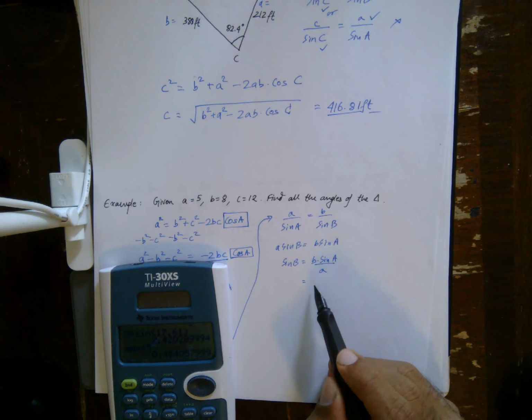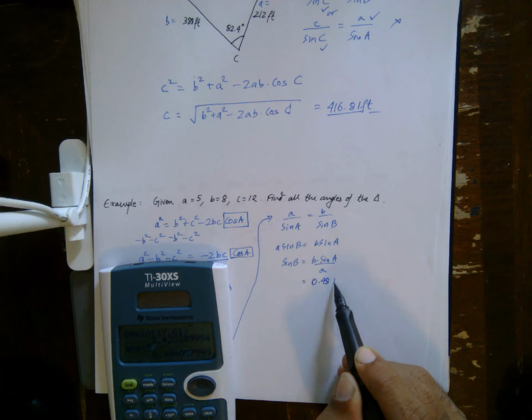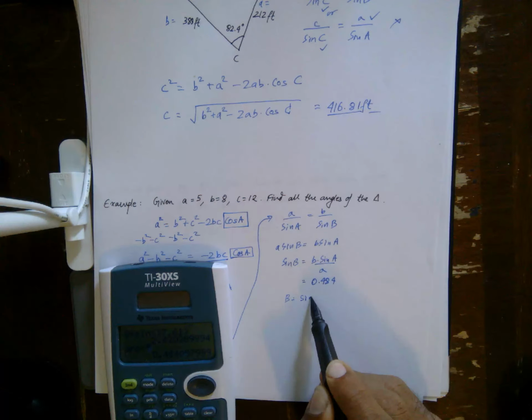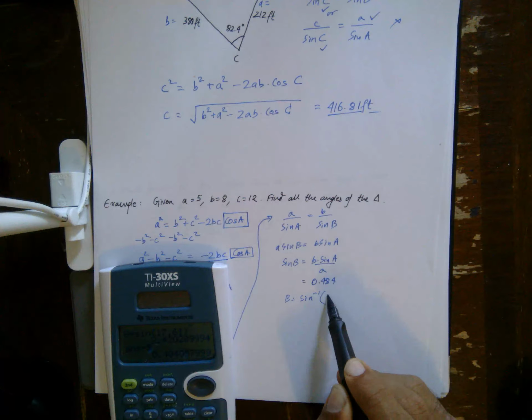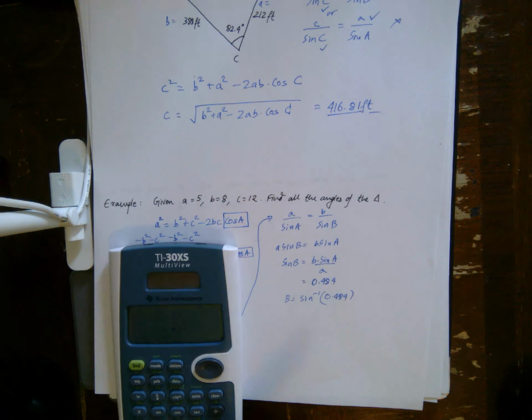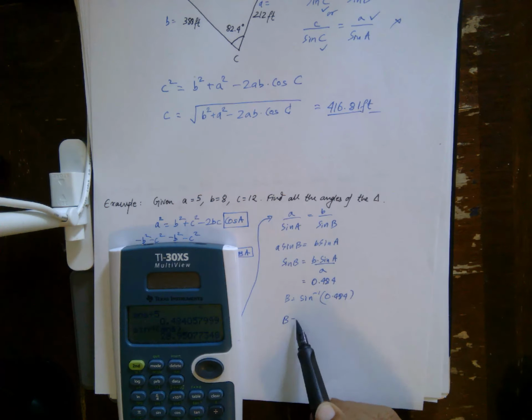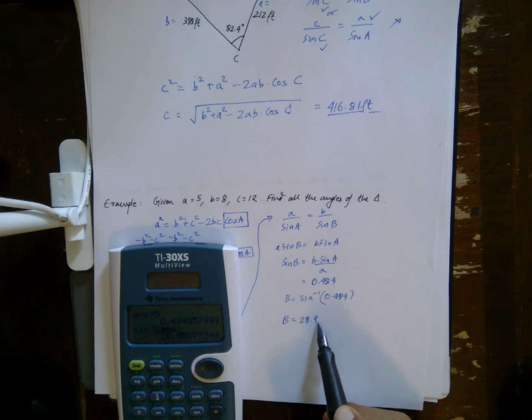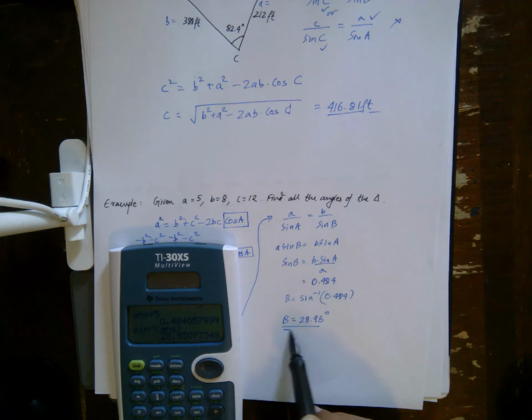So you get 0.484, which means you can find angle B just by taking the sine inverse of the answer you obtained. So B comes out to 28.95 degrees.